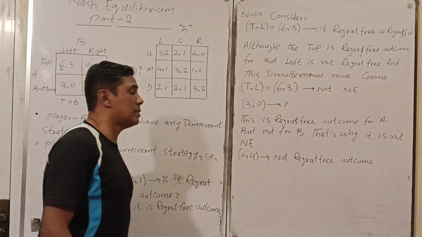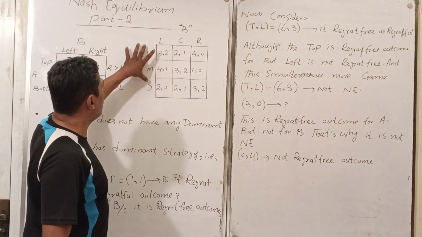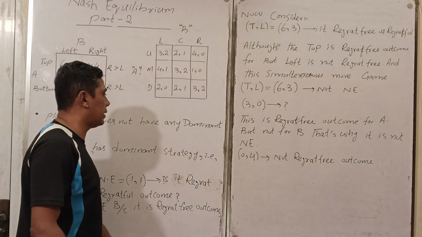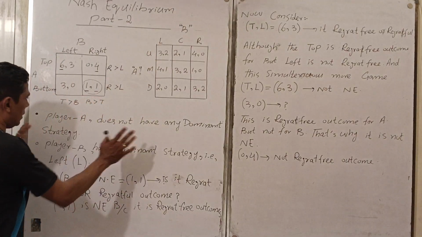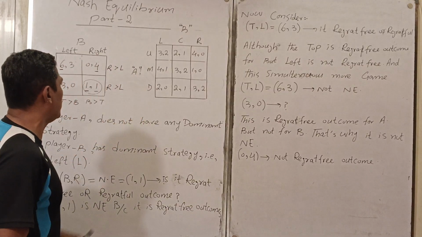That's why 1 1 is a Nash equilibrium. Now consider the payoff matrix 2. So I am going to rub these conclusions here to find out the solution of this one.